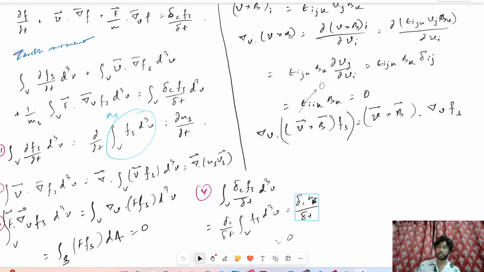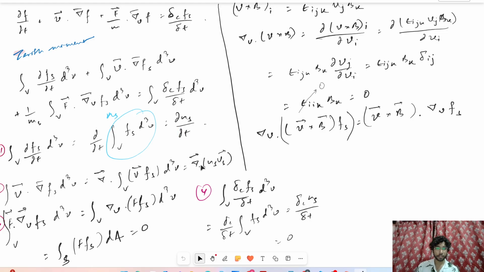Right? Actually, the number density does change, but the number of particles does not change. Right? So therefore, this will become zero because of number conservation. Okay, so the third term and the fourth term are zero.